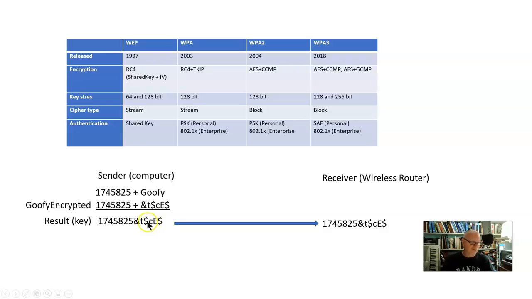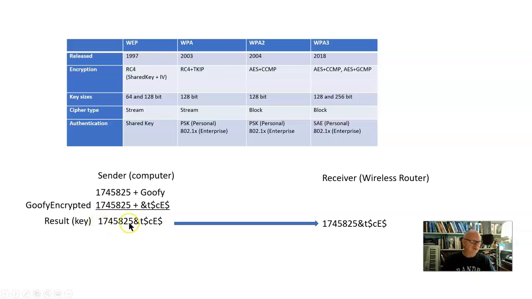Now, this looks secure at first glance. After all, I have encrypted my key, the word goofy, and so nobody should be able to tell what that is. And by the way, the next frame will have a different IV and so on. Now, notice here that what is sent across here is the encrypted key, but it is the plain text IV.